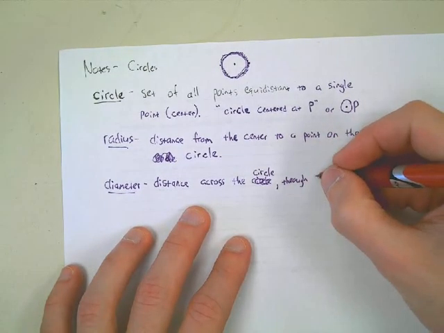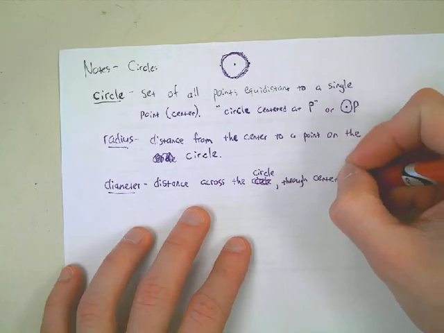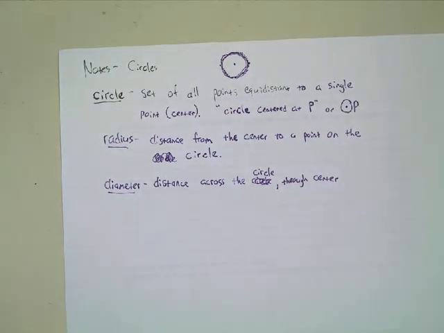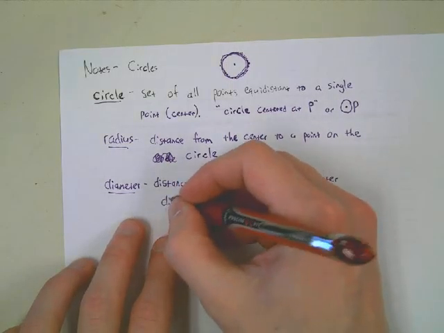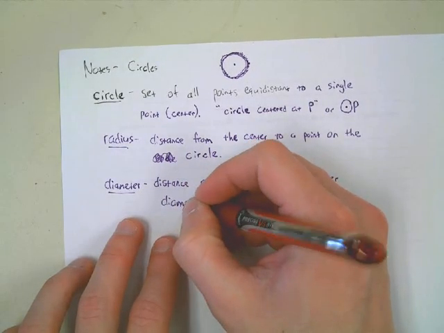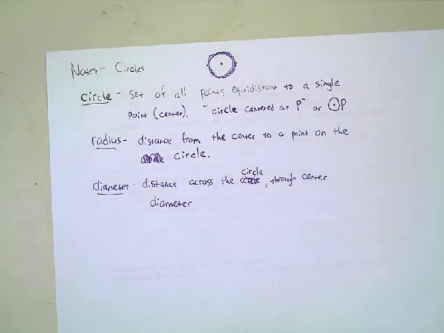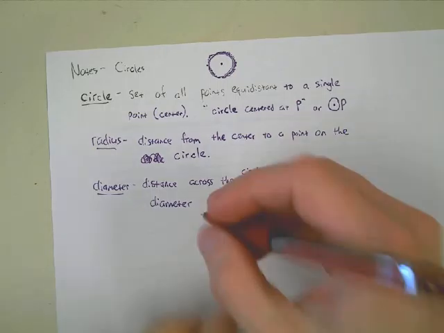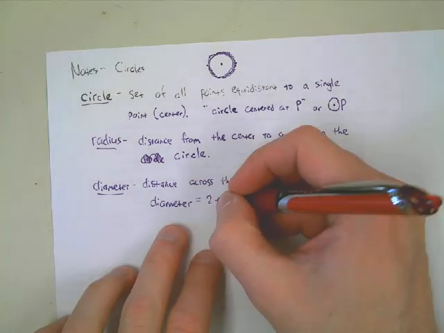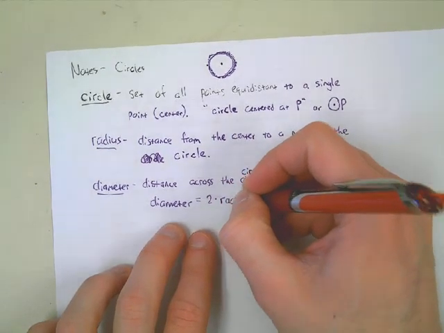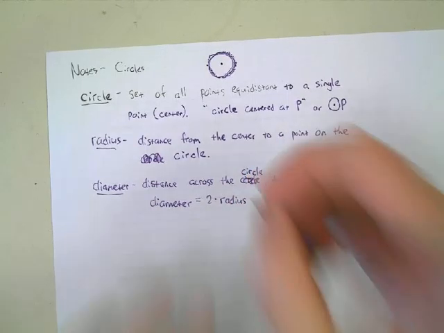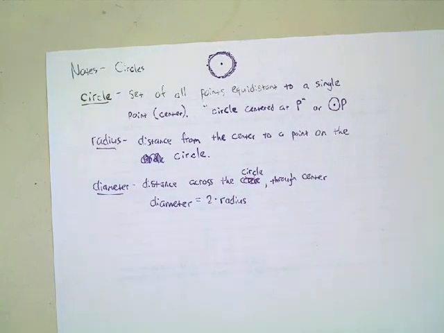If it doesn't go through the center of the circle, it's not a diameter. We have another name for that thing: a chord. And we know also that the diameter is related to the radius. How is the diameter related to the radius? The diameter is twice the radius. So I'm going to put diameter equals 2 times the radius.